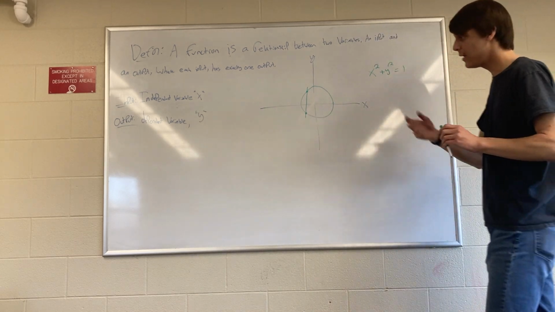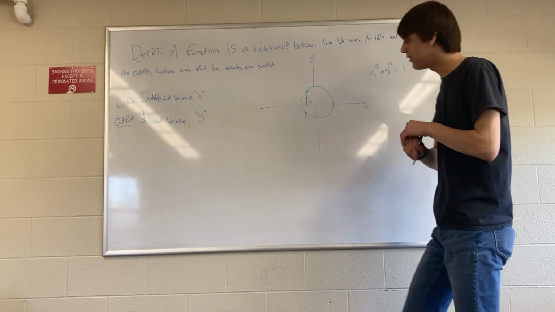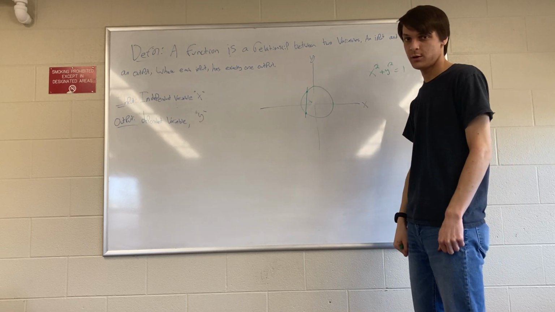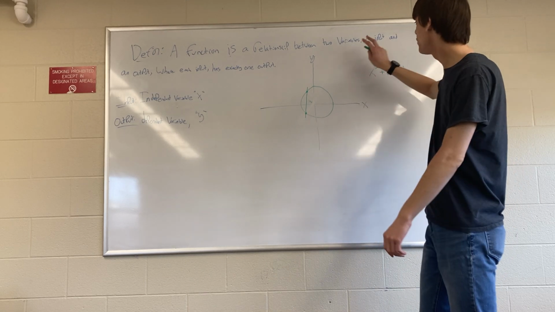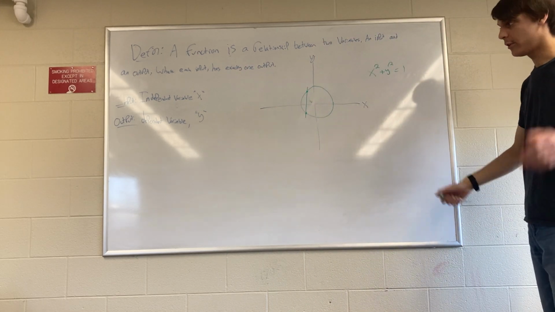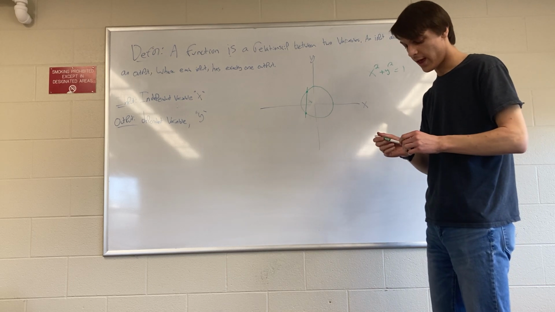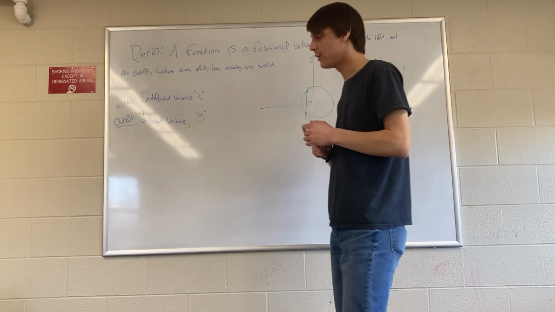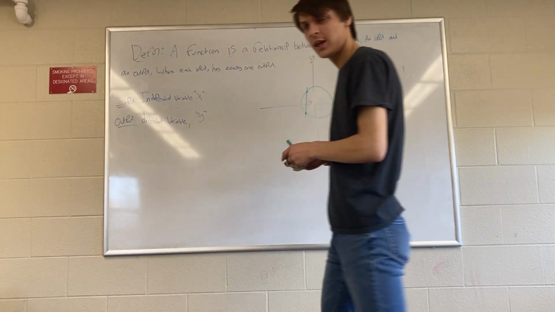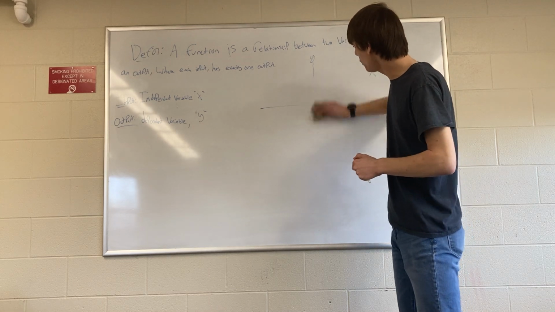This means for the input of, let's say that's probably right around -1/2, for the input of -1/2, there are 2 outputs, which breaks our definition of each input having a unique output. Thus, our circle here is not a function, since it does not pass the vertical line test, and our outputs are not unique. So that's our main way of testing if a graph is a function, which is useful.